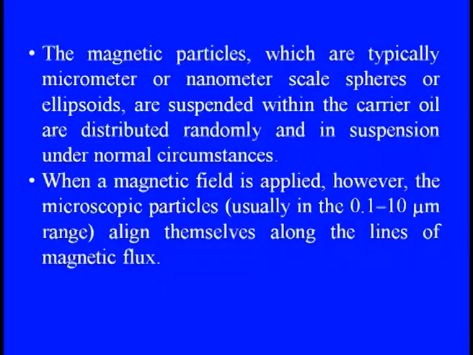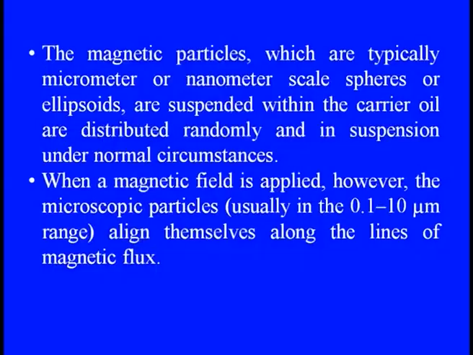So, we are going to discuss how things differ between the electro-rheological fluid and the magneto-rheological fluid. The magnetic particles, typically of micro or nanometer size, are just spheres or ellipsoids.